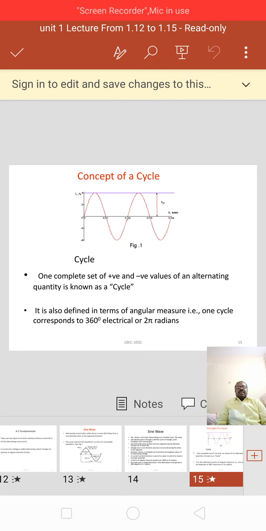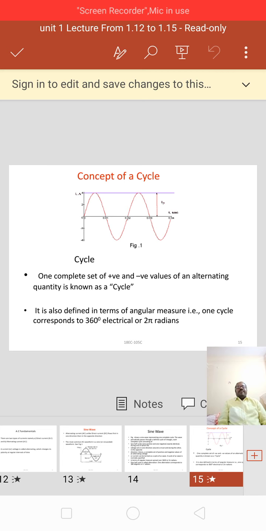Another concept is cycle. One complete set of positive and negative values of an alternating quantity is known as a cycle. It is also defined in terms of angular measure, that is, one cycle corresponds to 360 degrees electrical or 2 pi radians.